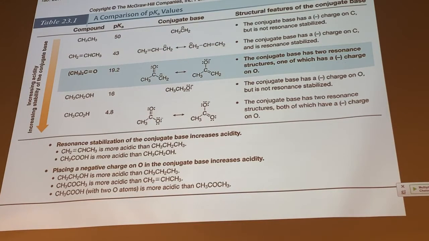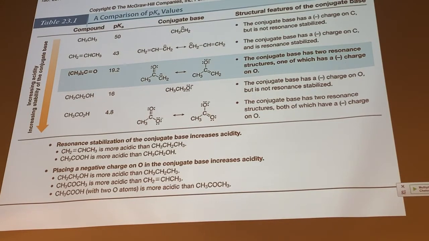What are the reasons why the acetone enolate is more stable than the conjugate base of ethane? Okay, so you summed up both of the reasons in one.